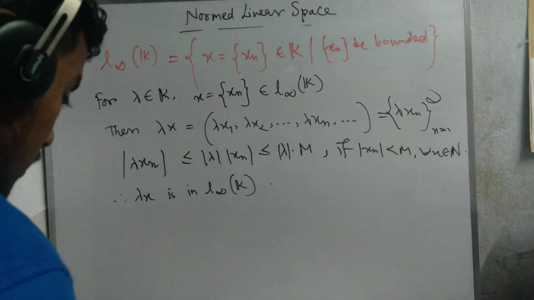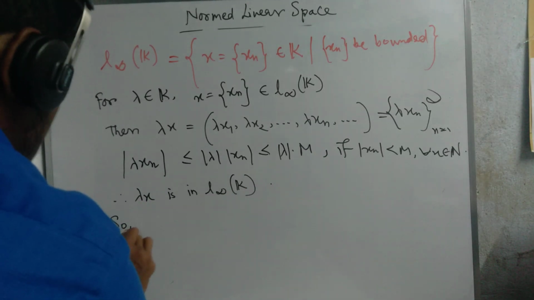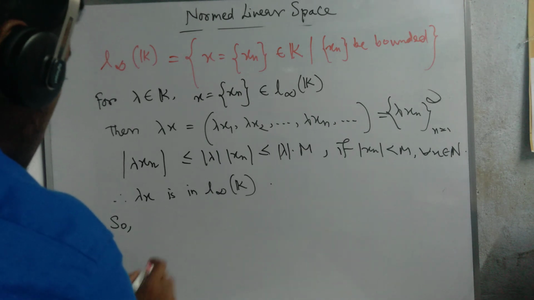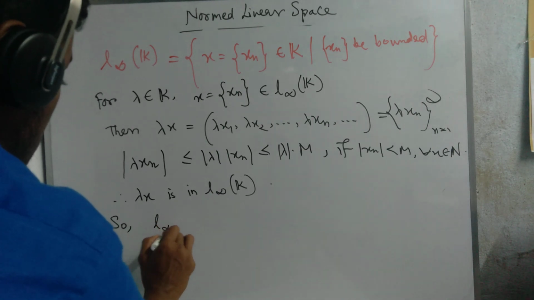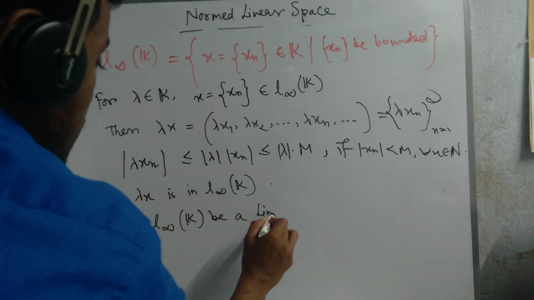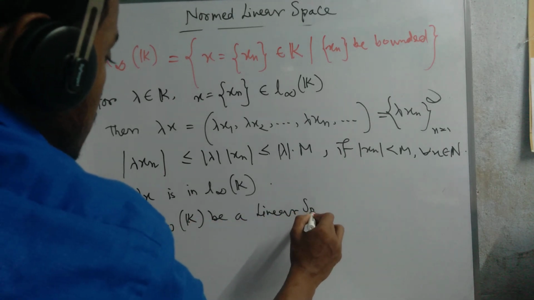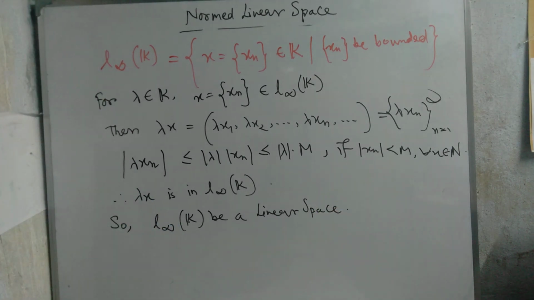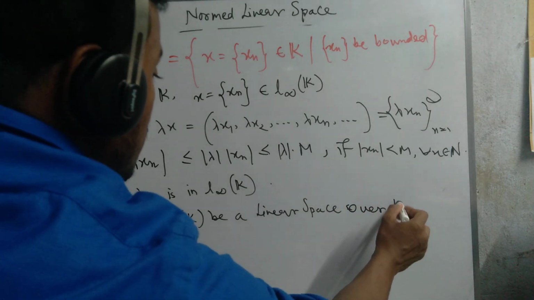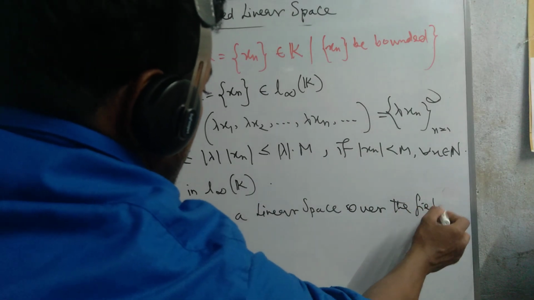So all the assumptions of a linear space hold, then L infinity k is a linear space or vector space over k. Obviously we write here over the field k.